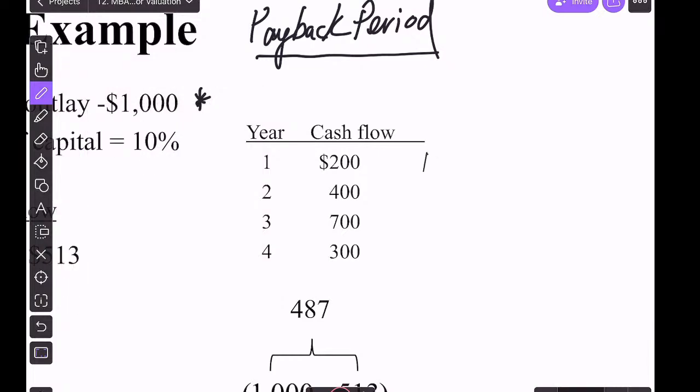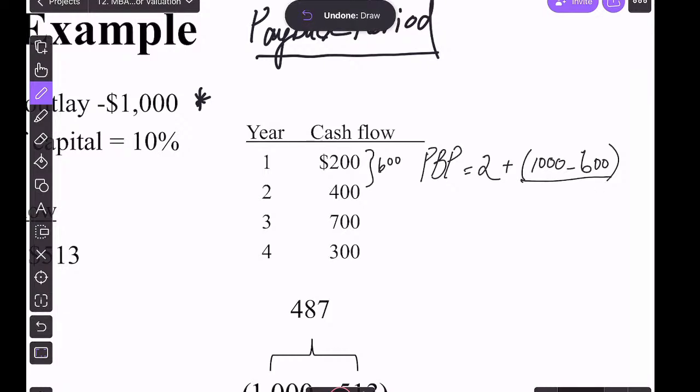So I'm going to use payback period would be equal to 2 years plus what remains to be recovered. So it'll be 1,000 minus the 600 already obtained, right? So this is 600. And then I want to distribute that over the fraction of the next year. So that's $700.